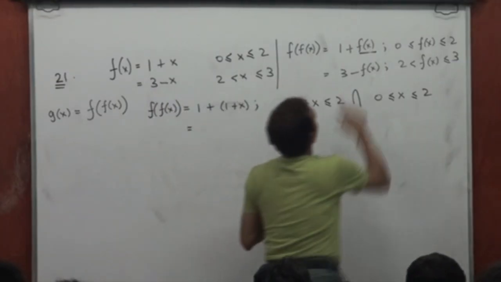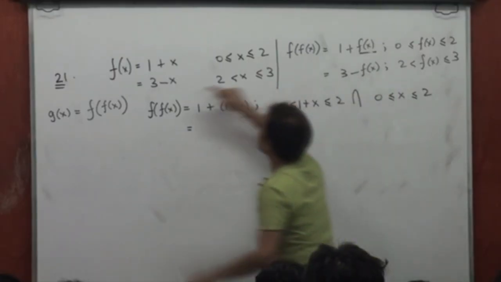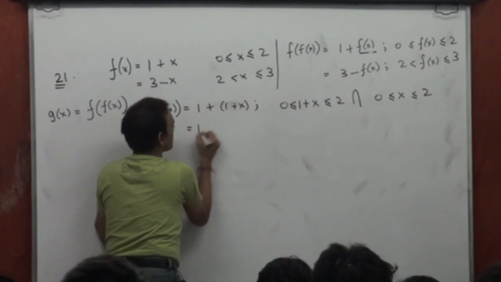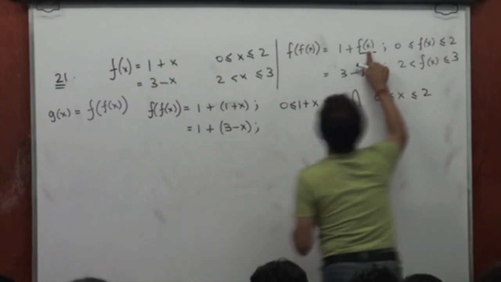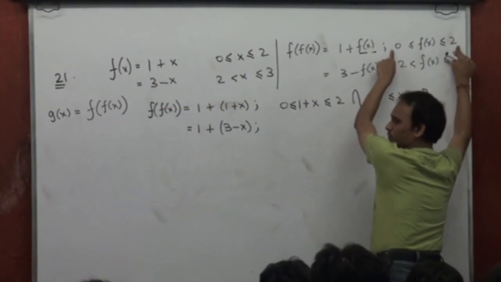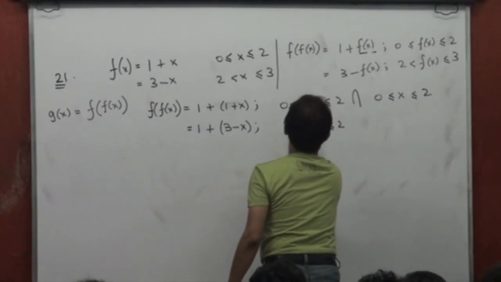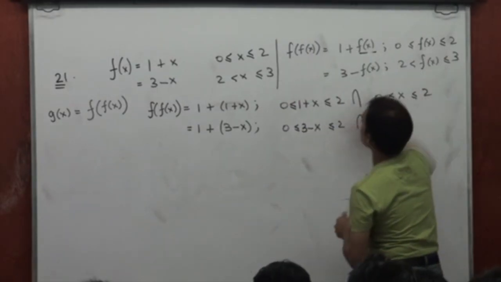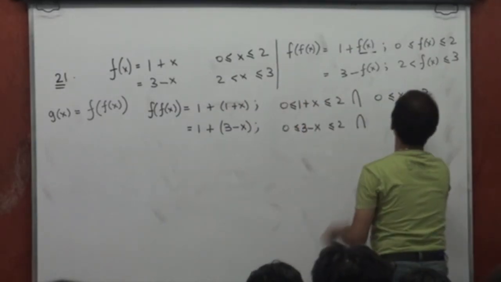Second line, when f(x) is 3 minus x. So in the same line, take f(x) as 3 minus x. When I take f(x) as 3 minus x, one thing for sure, f(x) should still lie between 0 and 2. So 3 minus x, and the moment f(x) is chosen as 3 minus x, x must be greater than 2, less than or equal to 3, intersection.